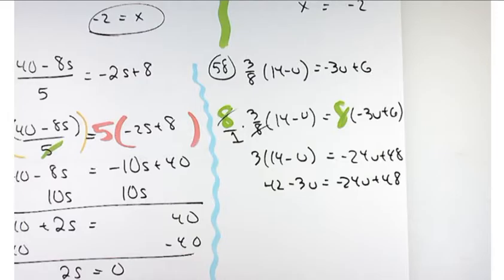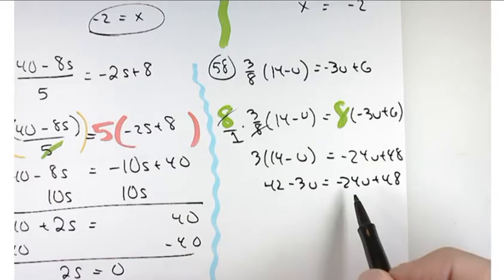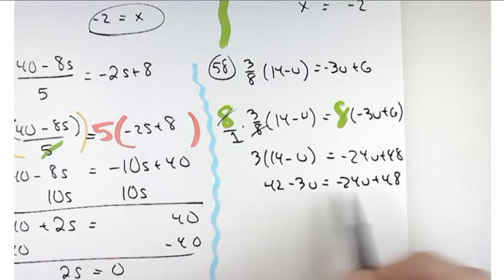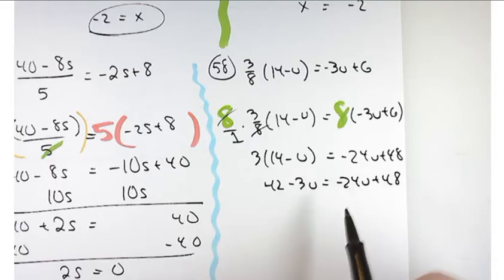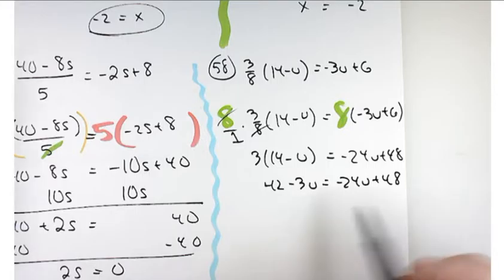Nick, what should I do next? We could. My preference is to figure out where I'm going to put the variables first, but you can subtract 42 from both sides. Nothing wrong with that. Let's decide where we're going to put the variables. On the left-hand side, sure.